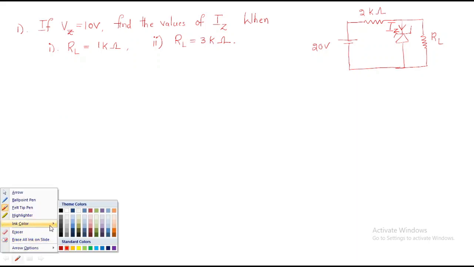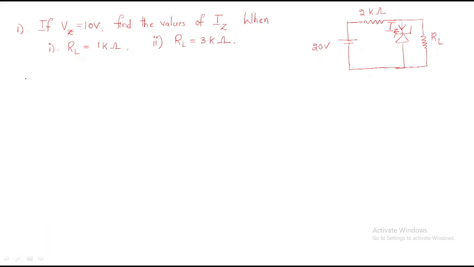So we'll change the ink color. Solution. First you take the initial condition, when the load RL equal to 1 kilo ohm. Then look at the Zener voltage.